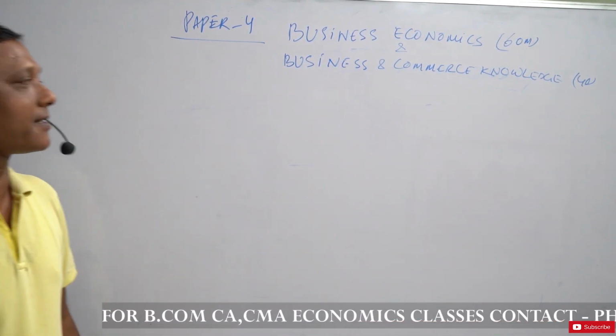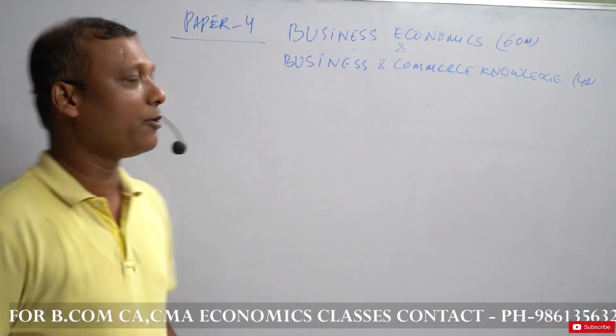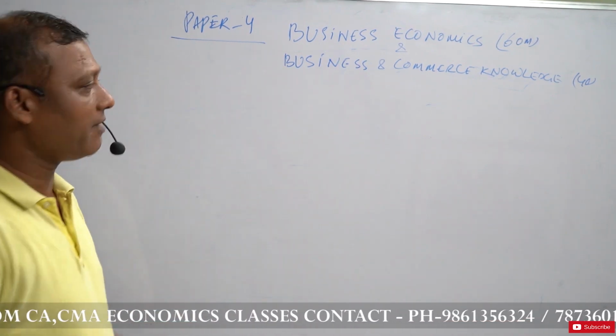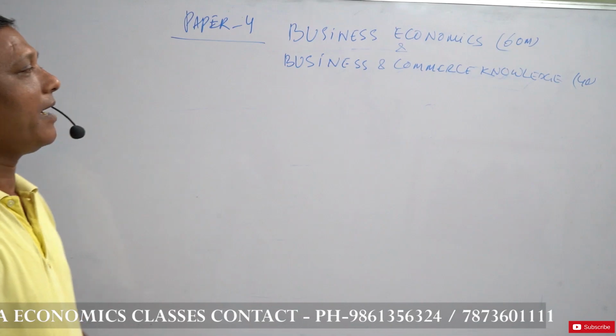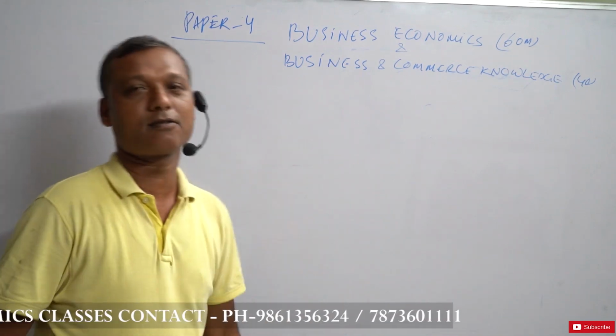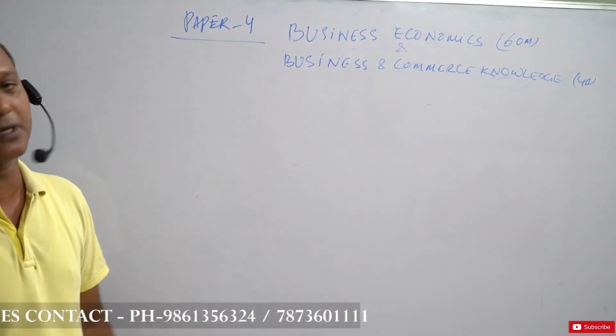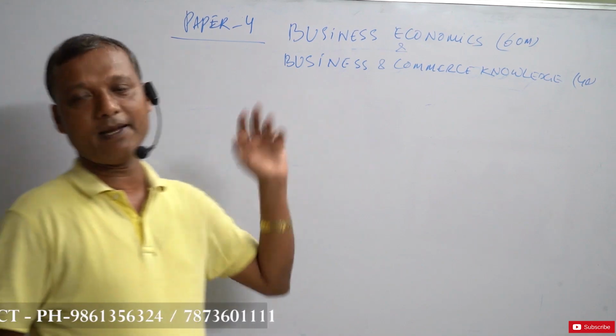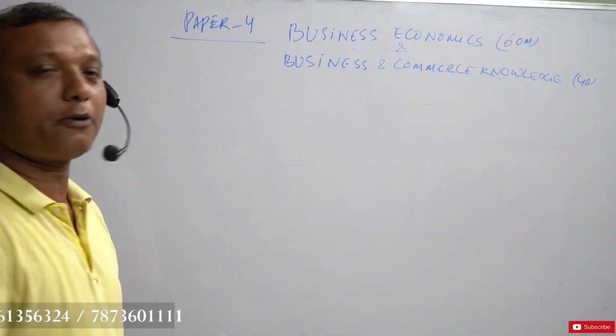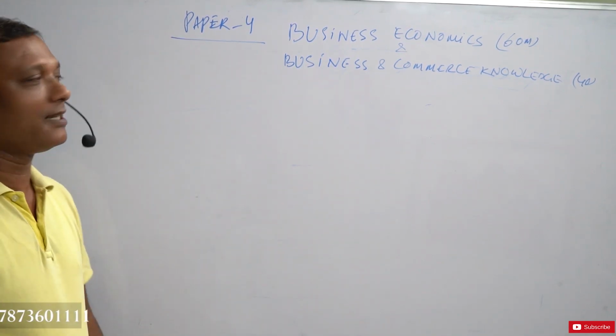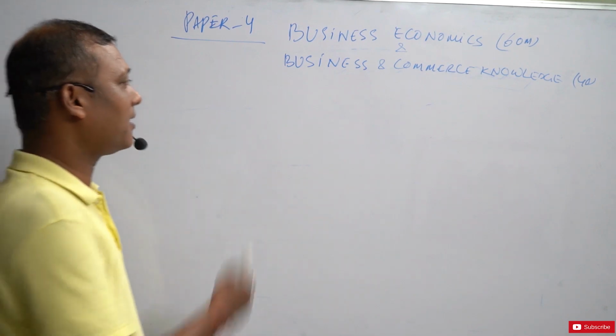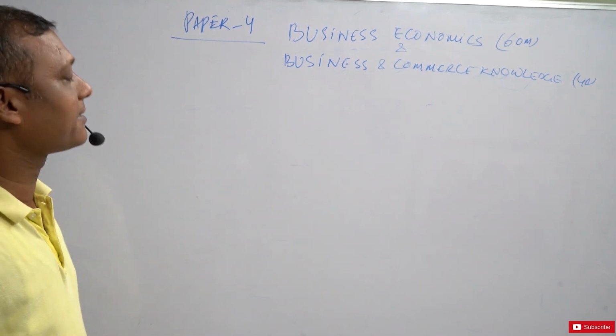Under Business Economics, we will have 5 units coming with 60 marks. All questions will be objective questions. Before going into the topics, let us talk about the course or syllabus highlights.